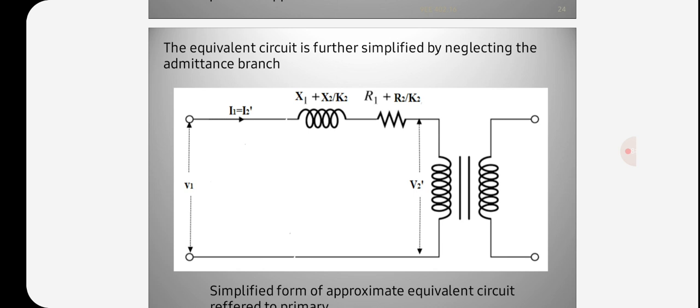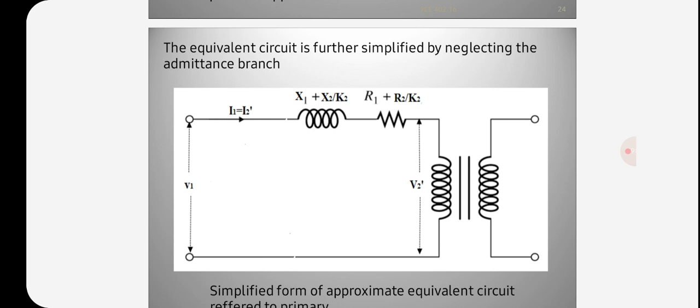So it is regulation for leading power factor. The secondary voltage drop for leading power factor is I2 into R02 cos φ2 minus X02 into sin φ2. That is percentage of regulation is equal to voltage drop by no load secondary terminal voltage into 100, that is I2 into R02 cos φ2 minus X02 sin φ2 by E2 into 100.